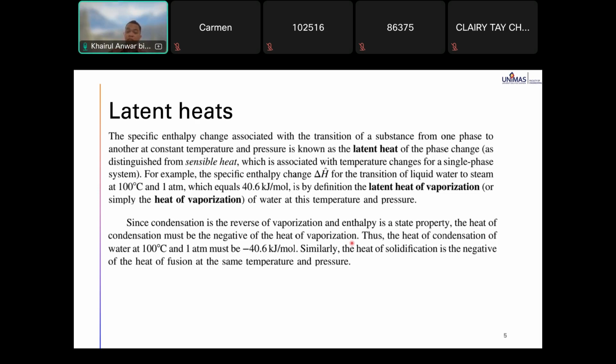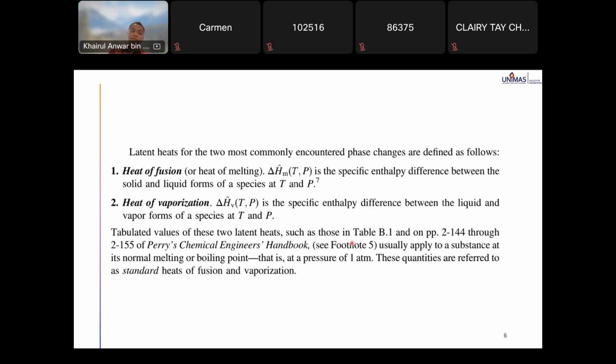Similarly, the heat of solidification is the negative of the heat of fusion at the same temperature and pressure. The latent heats for the two most commonly encountered phase changes are defined as follows.